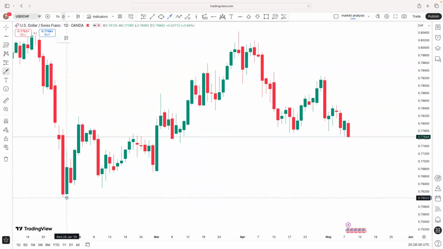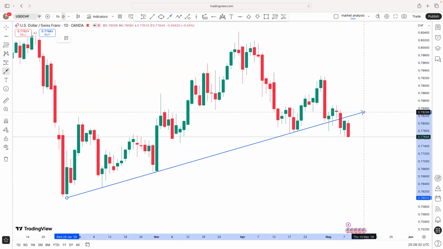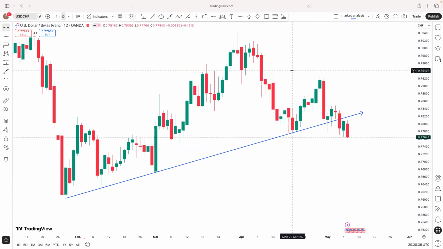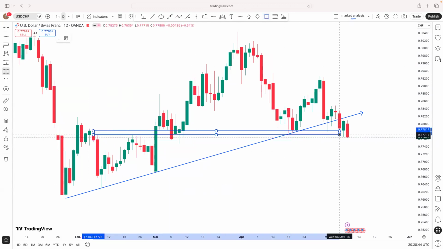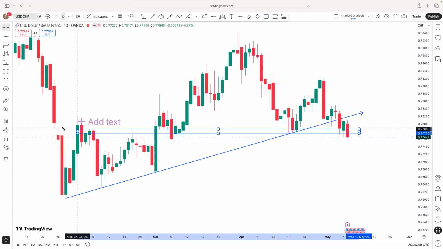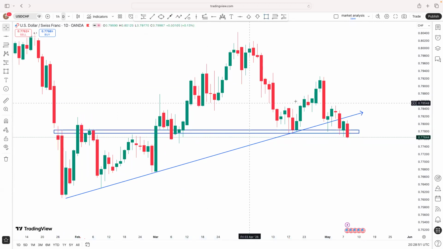Let me do it like this so that you guys can see clearly. There was an area of interest right here, as I anticipated.